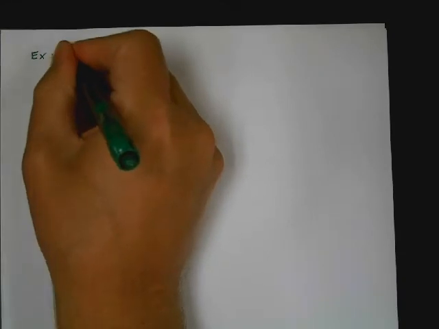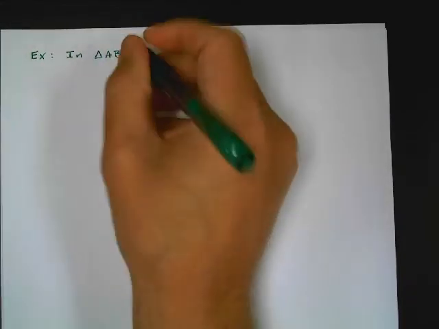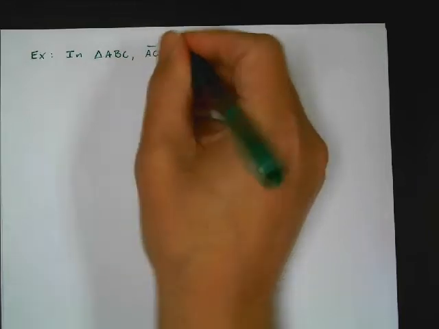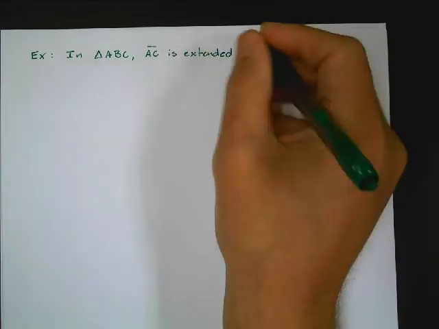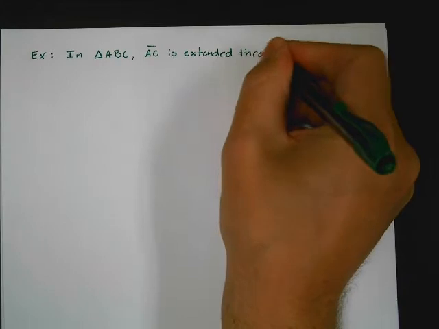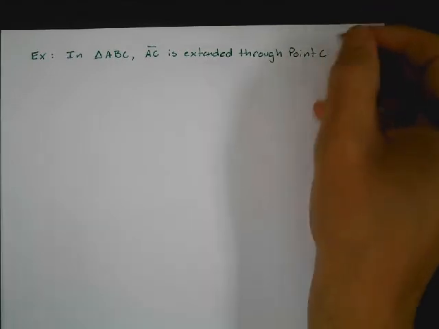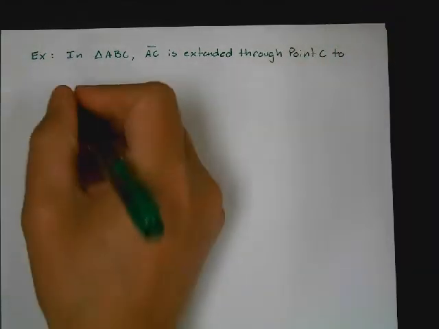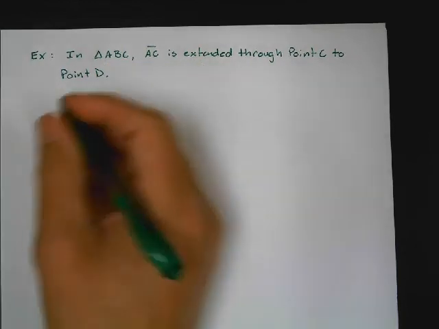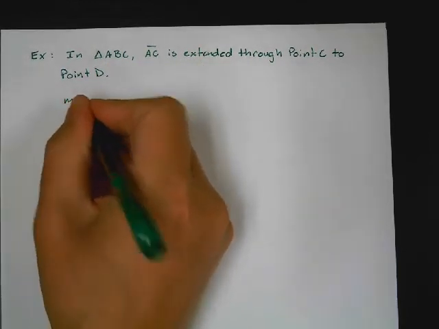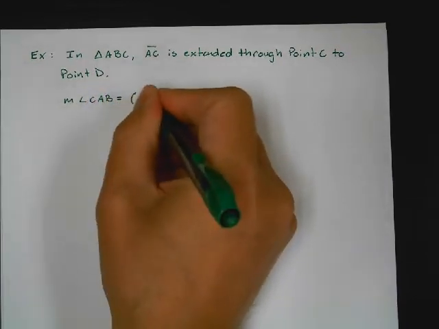All right, so in triangle ABC, segment AC is extended through point C to point D. All right, then we know that the measurement of angle CAB is equal to 3x plus 17 degrees.